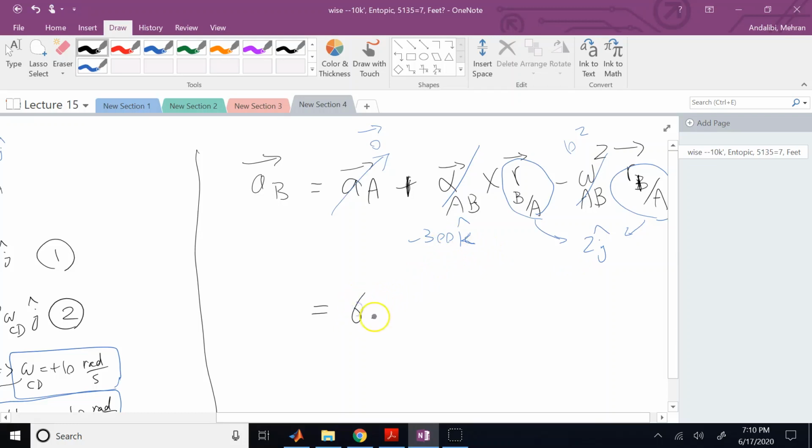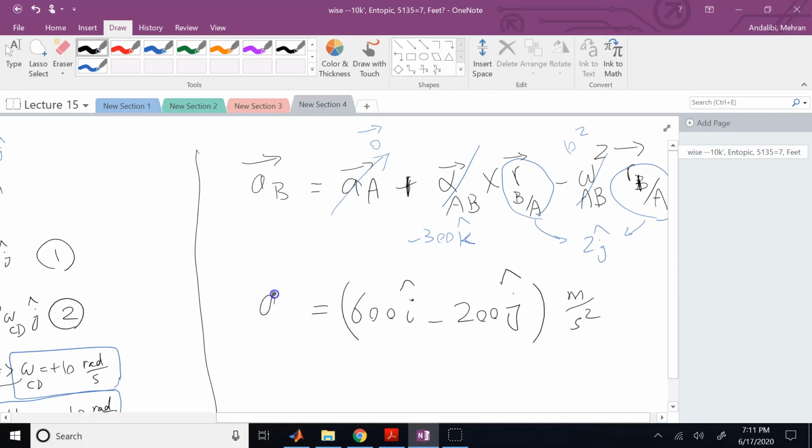So it is going to be 600 I, and then minus 200 J meters per second squared. This is A of point B.